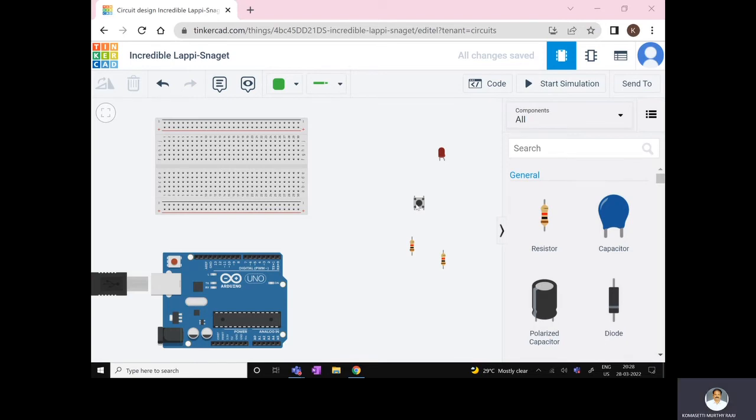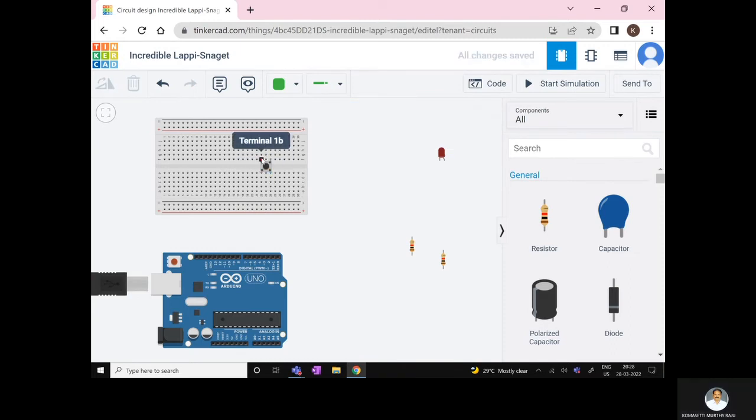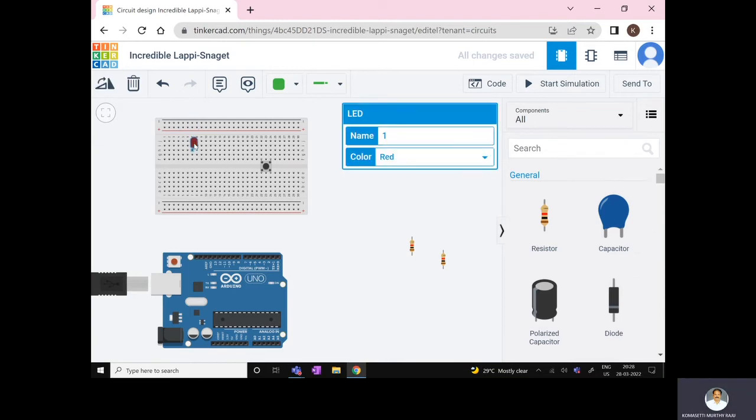See this one. The switch is placed here. This one is the 1A, 1B, 2A and 2B. This one is the LED placed here. Here 220 ohms.